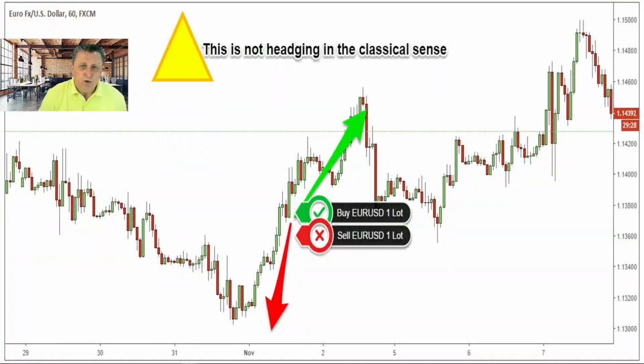So moving closer to what we are looking at here today, which is the Profit Retriever, we are looking at individual currency pairs, and we just picked a currency pair here, which in this particular case is the EURUSD. And this is not hedging in the classic sense. Now, why is that?